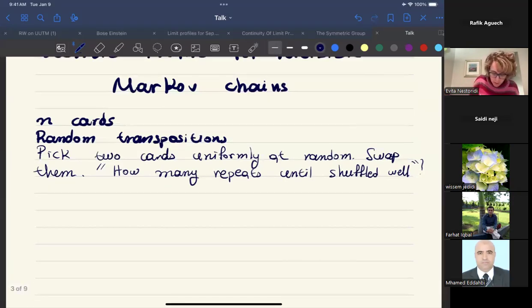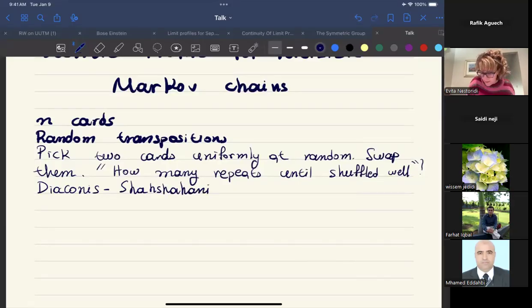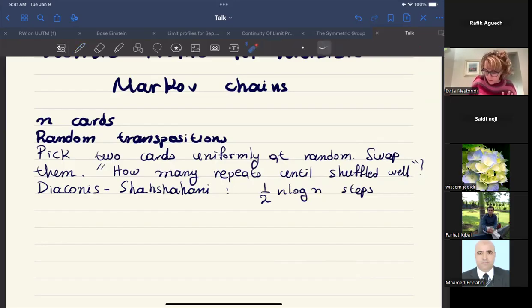Yeah. So again, with hand waving type of terminology, I will say that a theorem that I will precisely write by the end of this talk is due to Diaconis and Shahshahani, who proved that it takes 1/2 n log n steps to shuffle well. And again, I will precisely write the theorem.